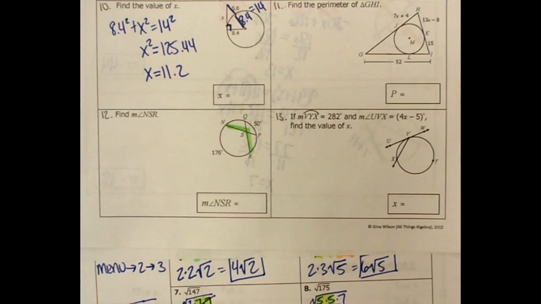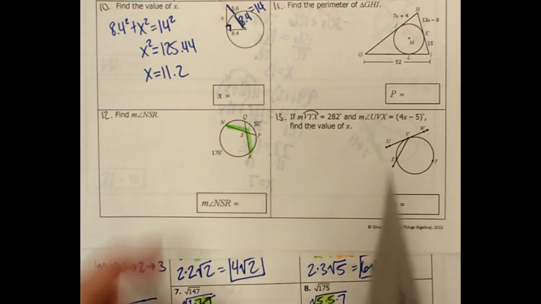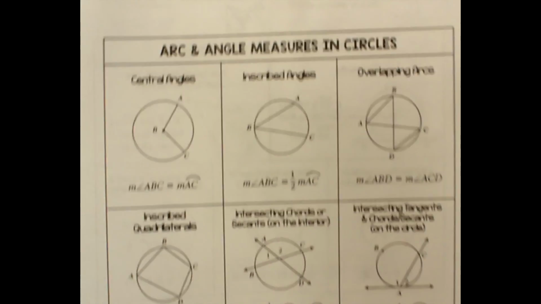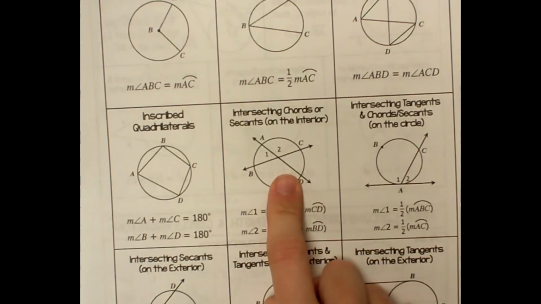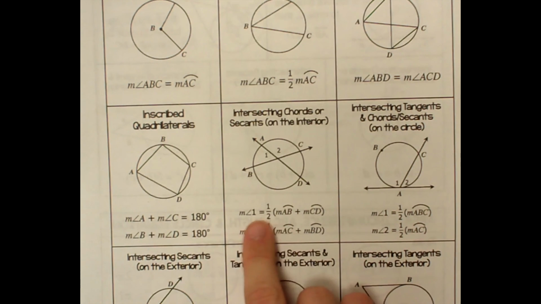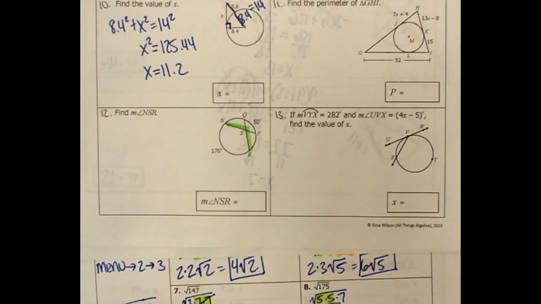So when looking at our formula chart, this side says segment lengths. We want angles. That's this side. I have two chords. So when you're using two chords, we can use chords or secants. Your measure is equal to your arc plus arc divided by 2.